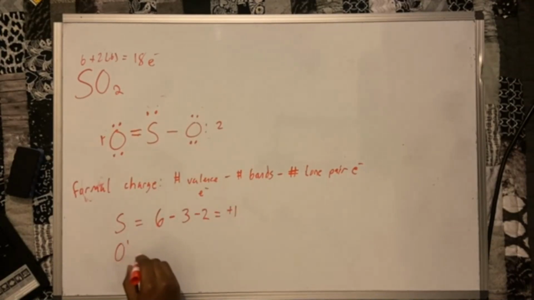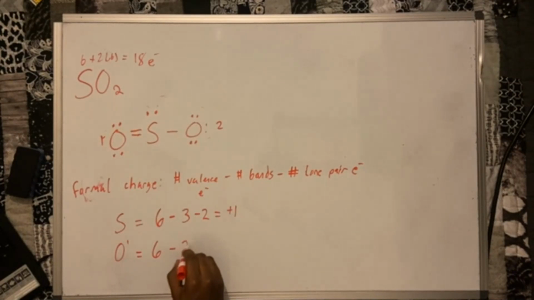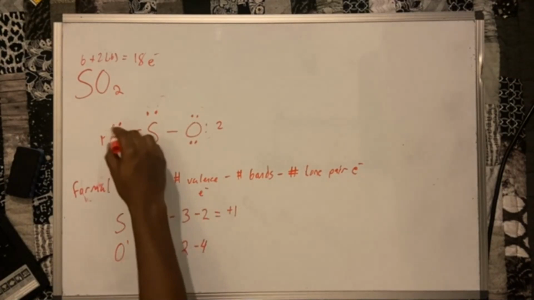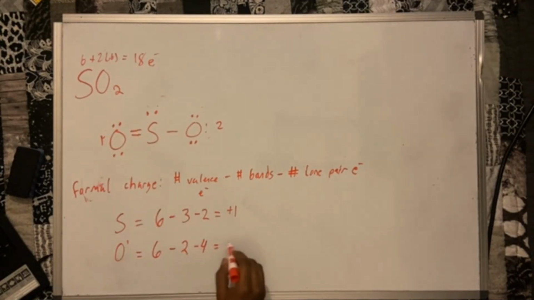Oxygen 1 has 6 valence electrons minus 2 bonds minus 4 lone pair electrons, so that's 0. And oxygen 2 has 6 valence minus 1 bond minus 6 lone pair electrons, which is -1.